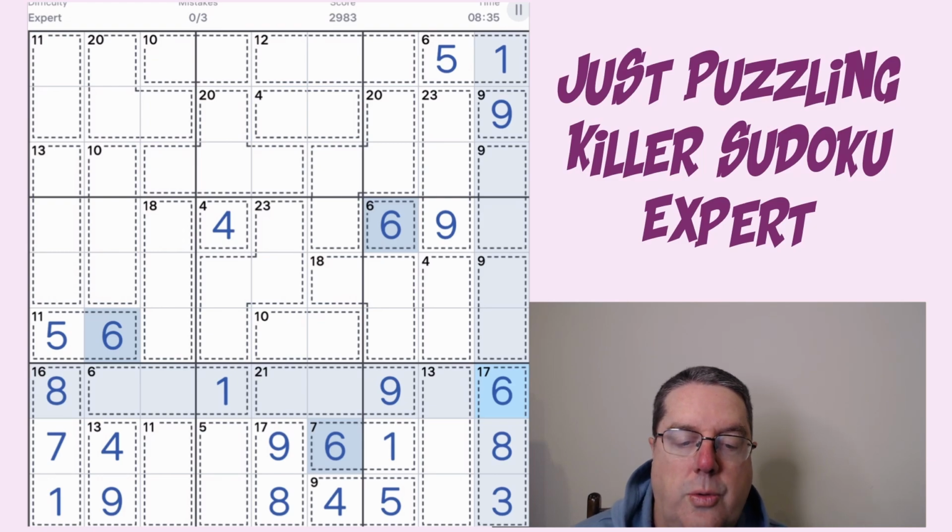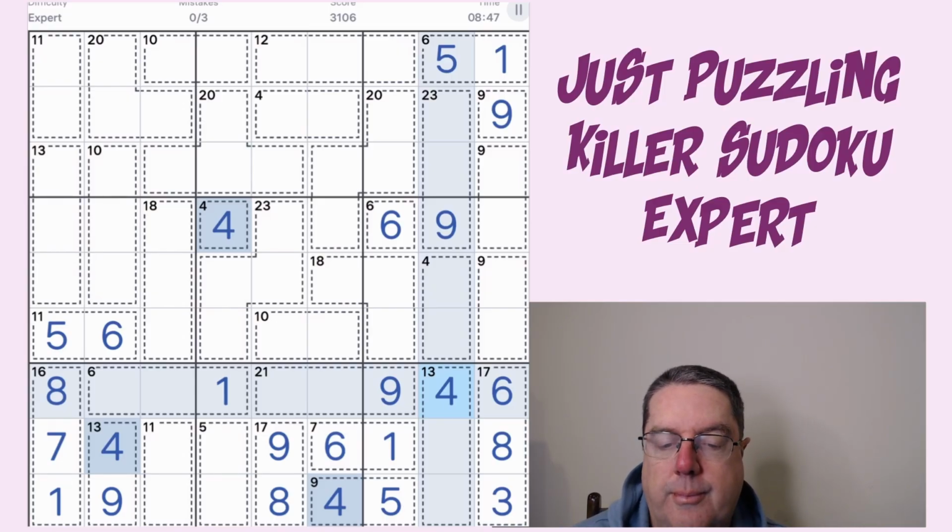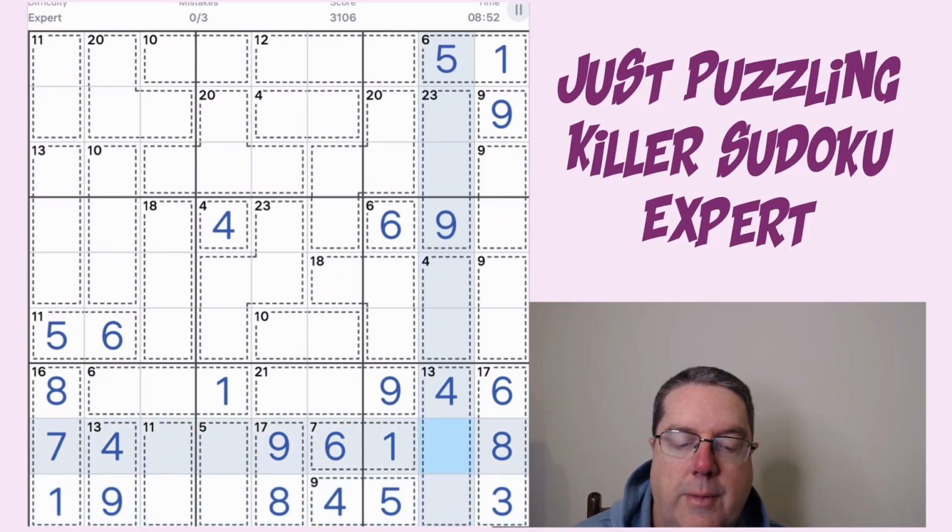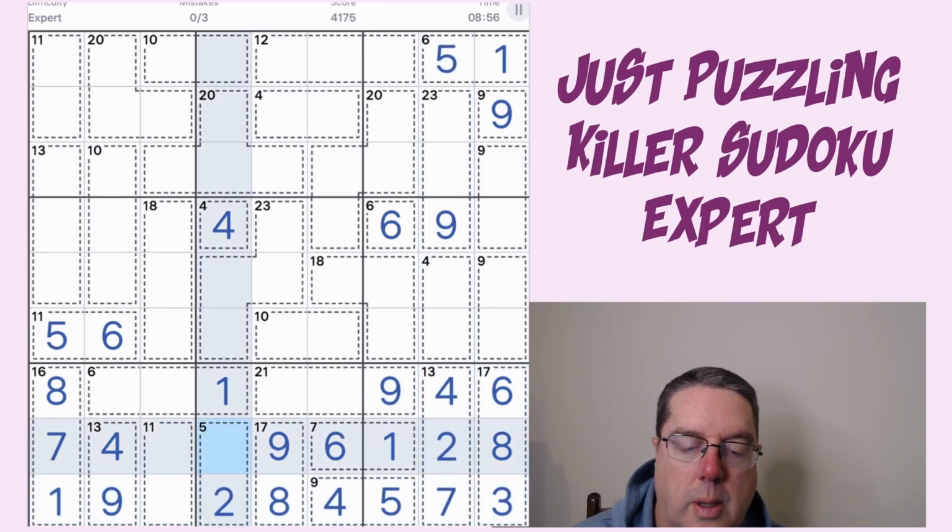Alright, so 2, 3, 4, 5, 7, so that's a 4. 2 can be here or here, and 7 can only be there. 7, 2, 2, 3, and the reason for the 7 was that one there.